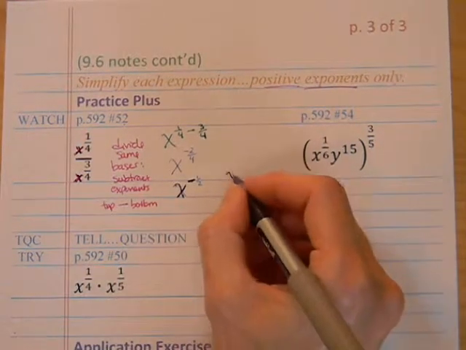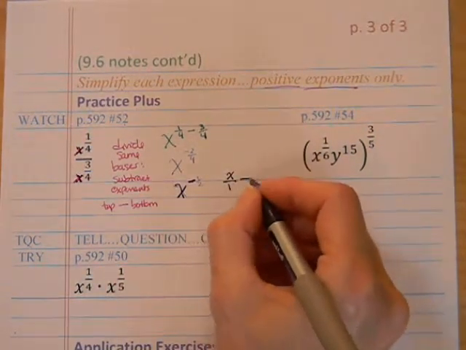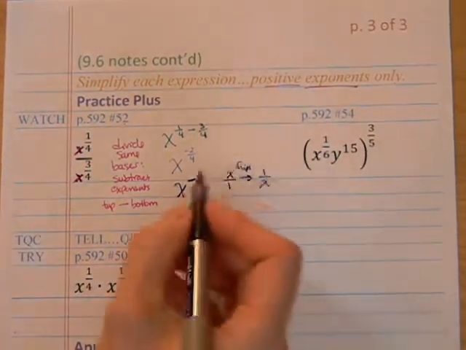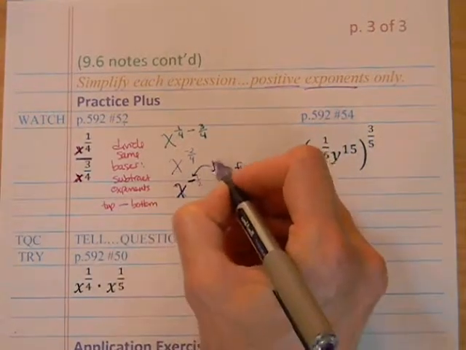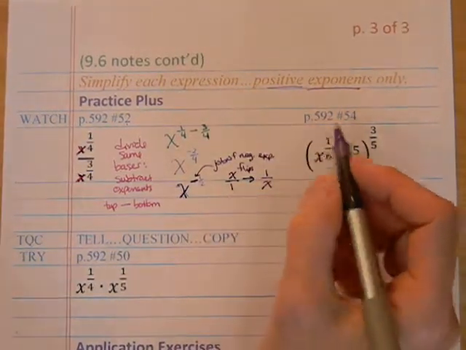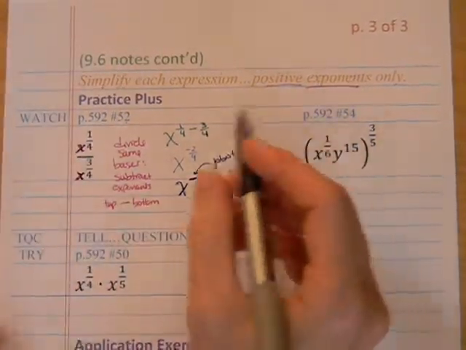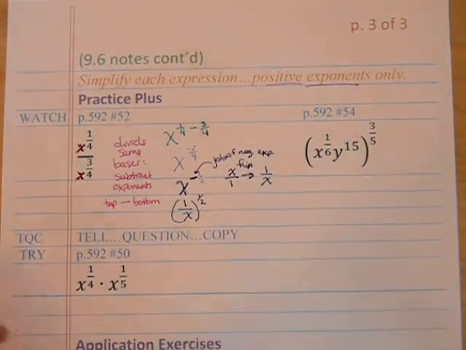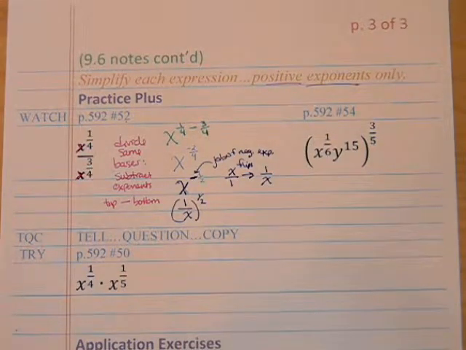So the base is x, same as x over 1. When it flips, it becomes 1 over x, and that's the job of the negative. Okay, the job of the negative exponent doesn't make anything negative, it just flips it. So this becomes 1 over x, still raised to the 1/2 power, and that is your finished version.